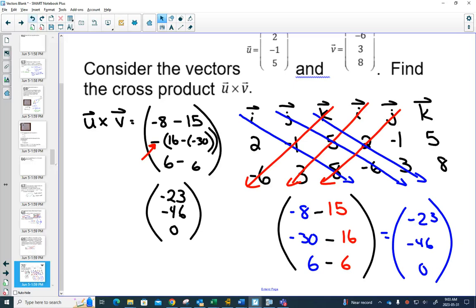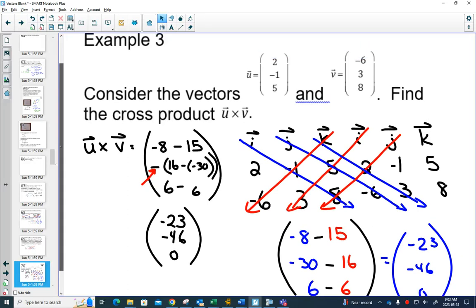Now we just found that if we had these 2 vectors in 3 dimensions and attached them tail to tail, -23, -46, 0 is perpendicular to both of those and pointing outwards or inwards.